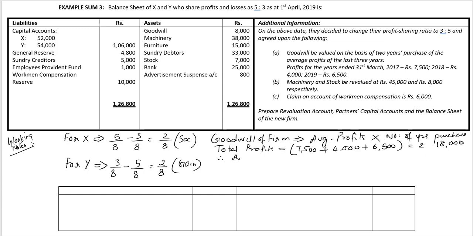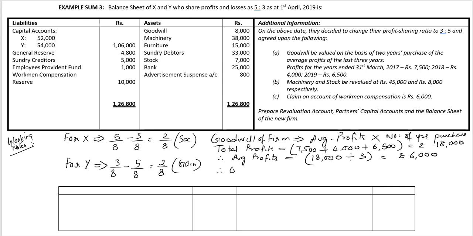Therefore, average profits, rupees 18,000 divided by simple average 3 years we have taken, rupees 6,000.